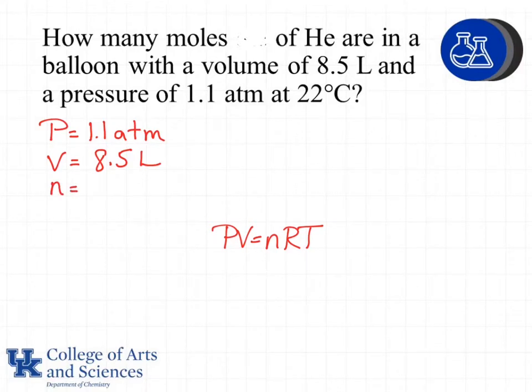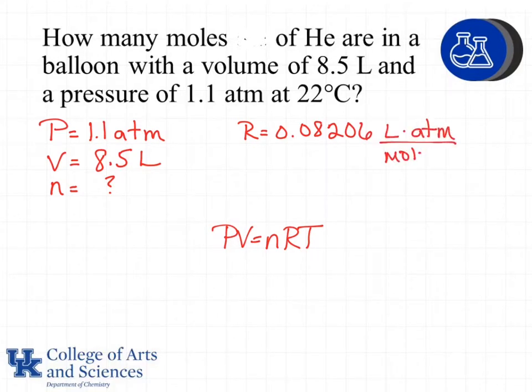N is our unknown because that's what we're looking for in the problem. R equals 0.08206 liters atmospheres per mole Kelvin because that's our ideal gas constant. And finally, we look at our temperature. The temperature is given as 22 degrees Celsius. But remember, we cannot leave it in Celsius. We need to convert it to Kelvin, and what we get is 295 Kelvin.